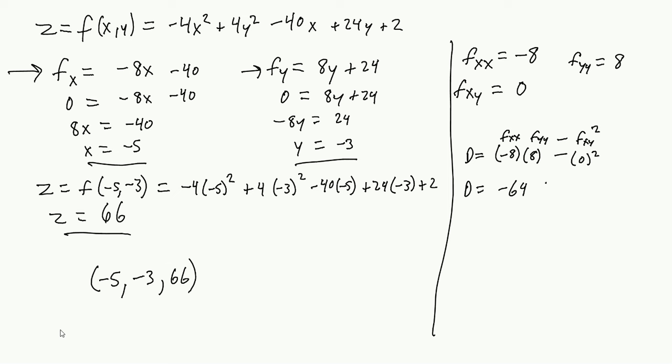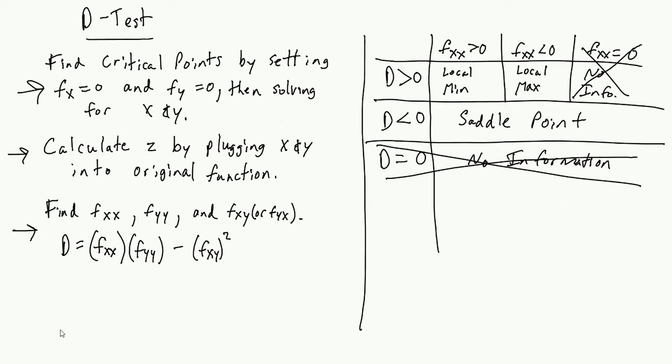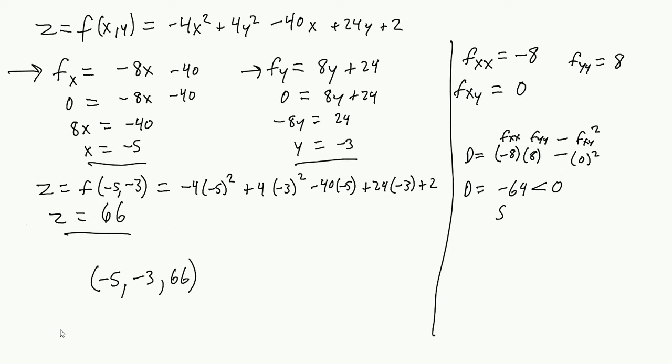Alright, negative 64 is obviously less than 0. It's negative. So if we look at our table here, we're going to be in the second row. If D is less than 0, we have a saddle point. Alright, so that means that this critical point you found is a saddle point.